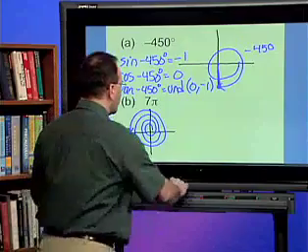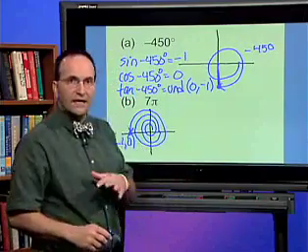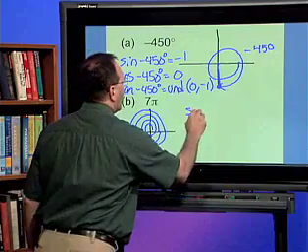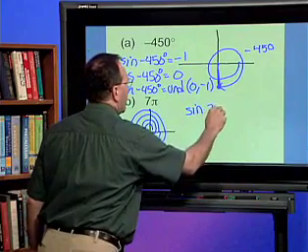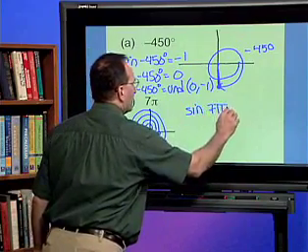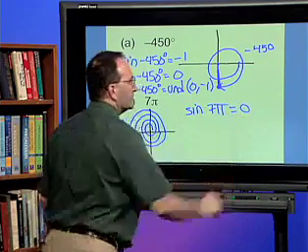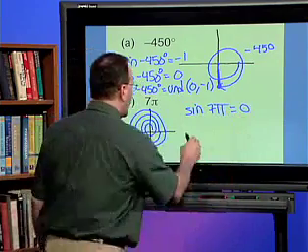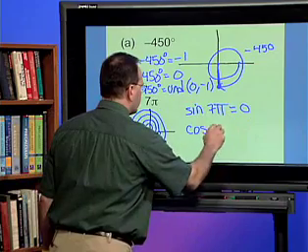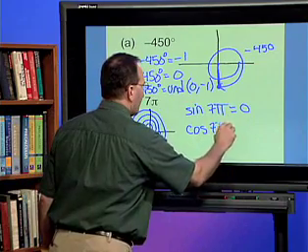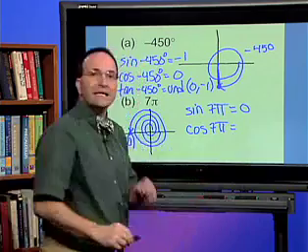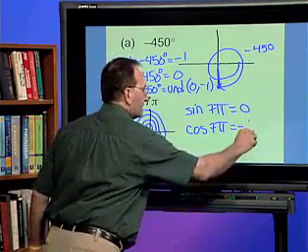So now, when we go to do our sine, cosine, and tangent, the sine of 7 pi is 0. The cosine of 7 pi is going to be negative 1, right?